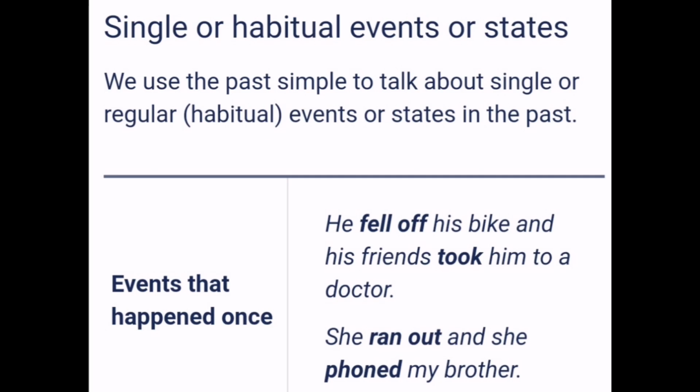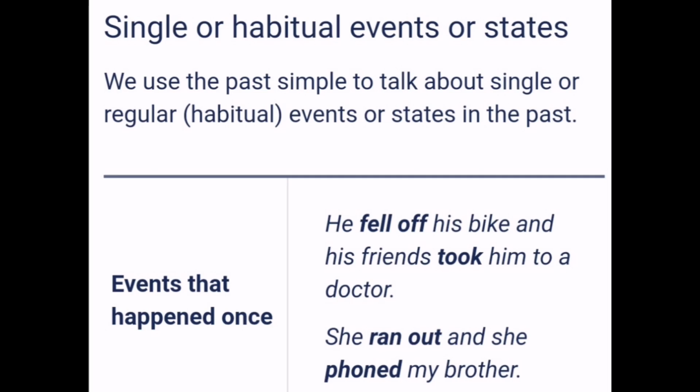We can use the simple past too in single or habitual events or states. We use the past simple to talk about single or regular, habitual events or states in the past. Let's see some examples.